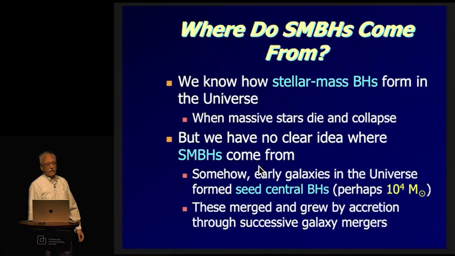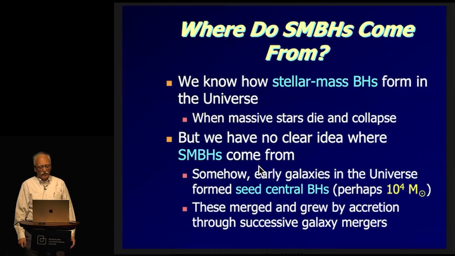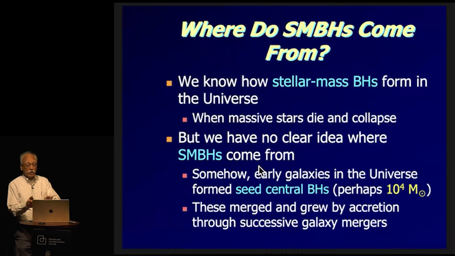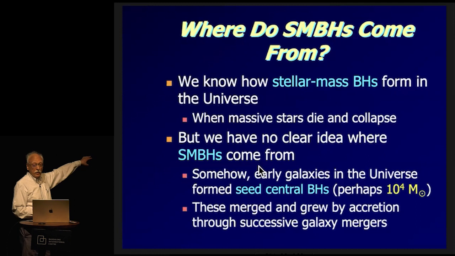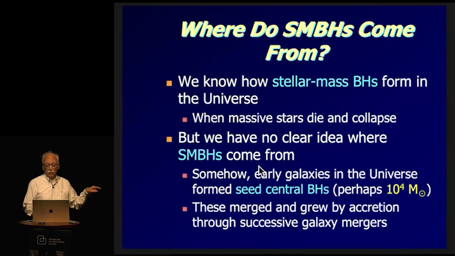One other topic that people would generally be interested in is, where did these supermassive black holes come from? So I told you I won't talk about the stellar mass black holes, but that is a case where we do know where they come from. They come when stars die. When the sun dies, as I said, it will become a white dwarf because the sun is too small.